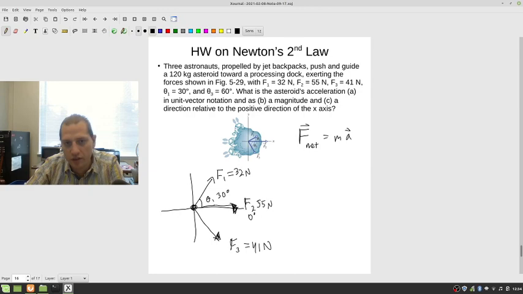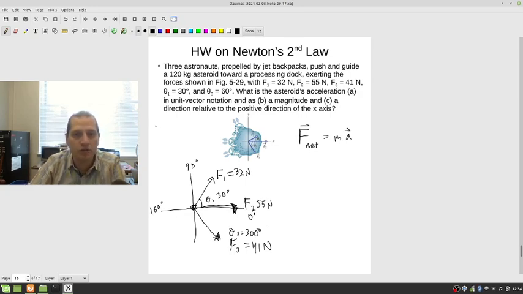I'm going to write this in terms of my unit circle. So 0, 90, 180, 270, and then this would be 300 degrees. Okay, why am I doing that?